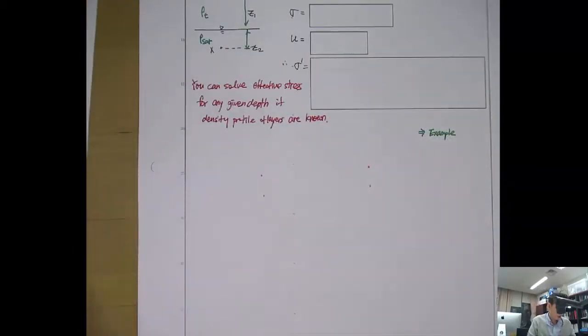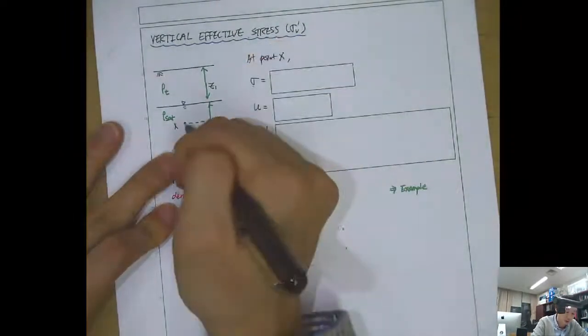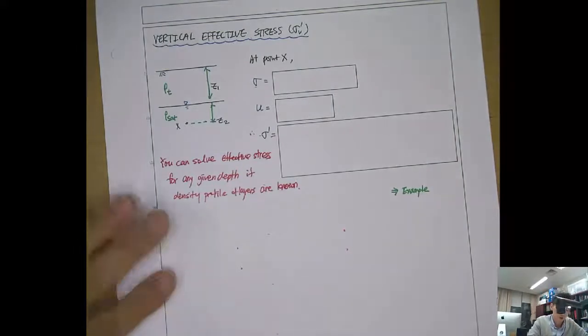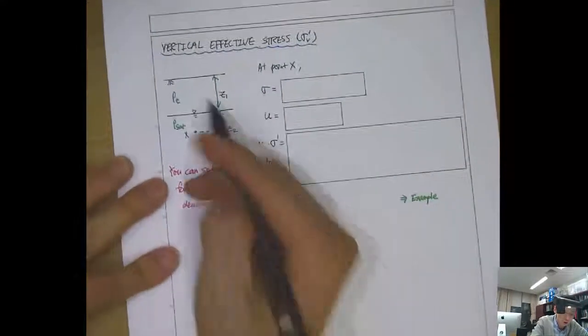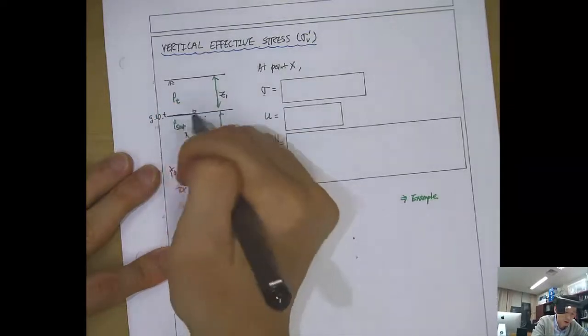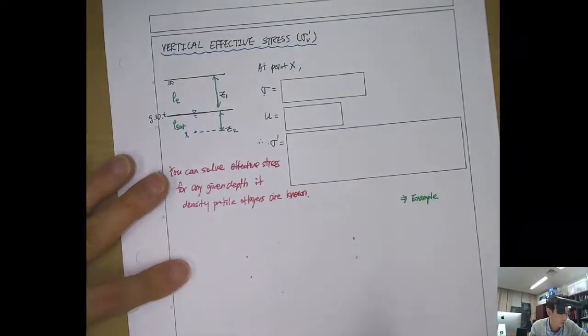So then how can we compute the vertical effective stress? Let's think about the point X here, which is at a depth of z1 plus z2. In this ground condition, you have a groundwater table at the depth of z1 here.